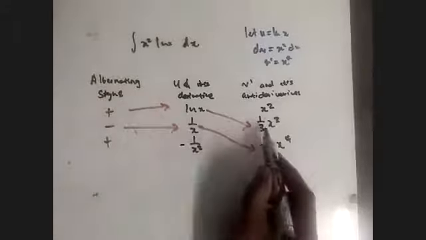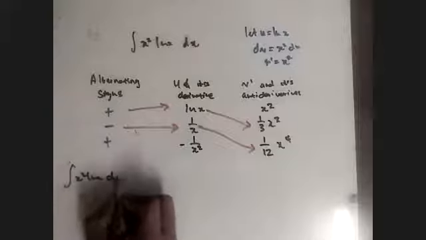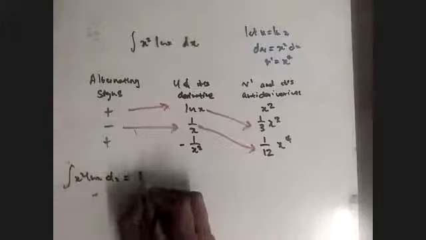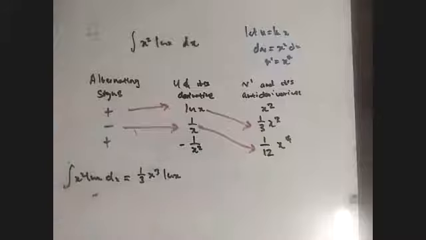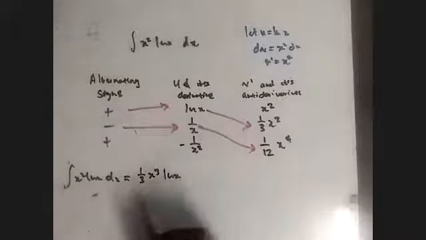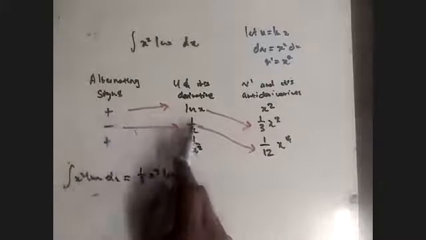So this times that, it becomes x squared ln x dx. So this times that, it becomes 1/3 x cubed ln x, okay? I think we found something like this in the previous session. So it becomes this times that.